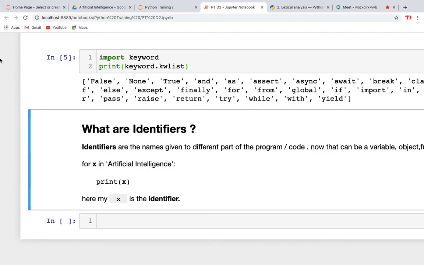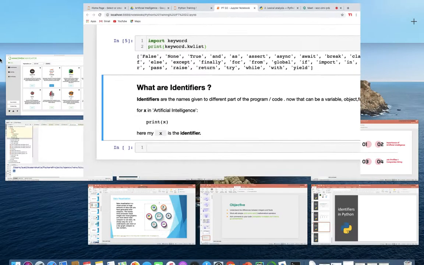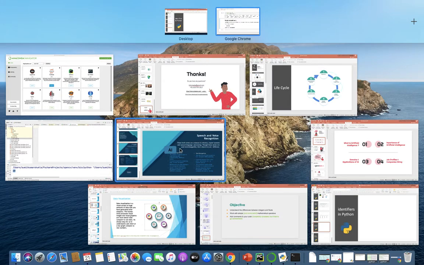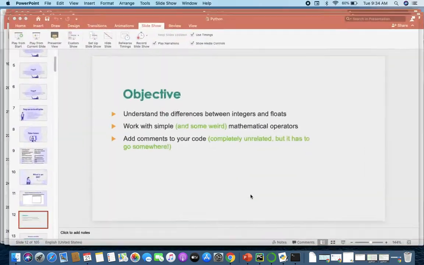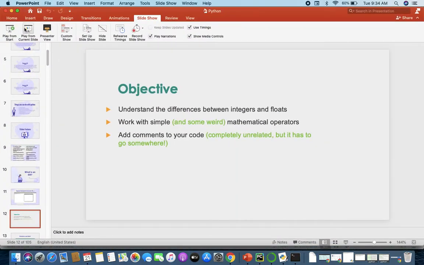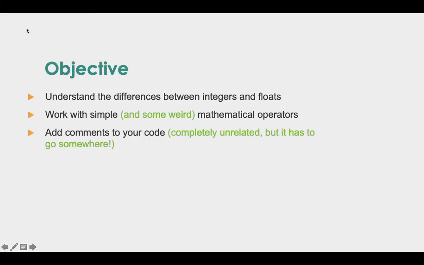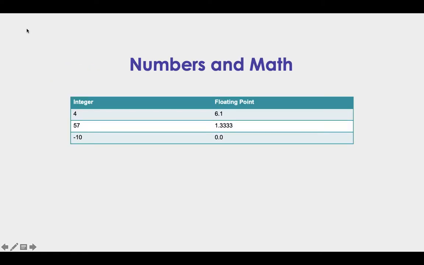Moving ahead, we go with the name conventions. Let's go to my PPT of the Python. So we'll try to understand the difference between the integers, the floats, and all those things. We'll try to understand the maths and the numbers of the Python.